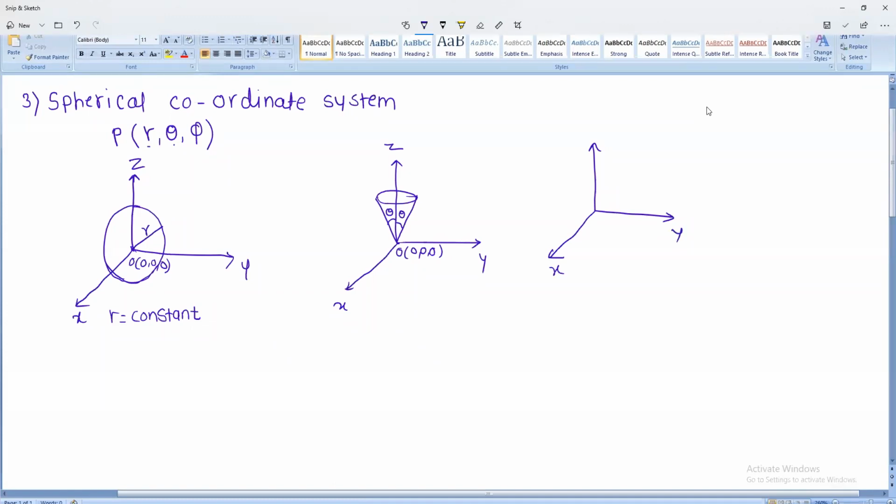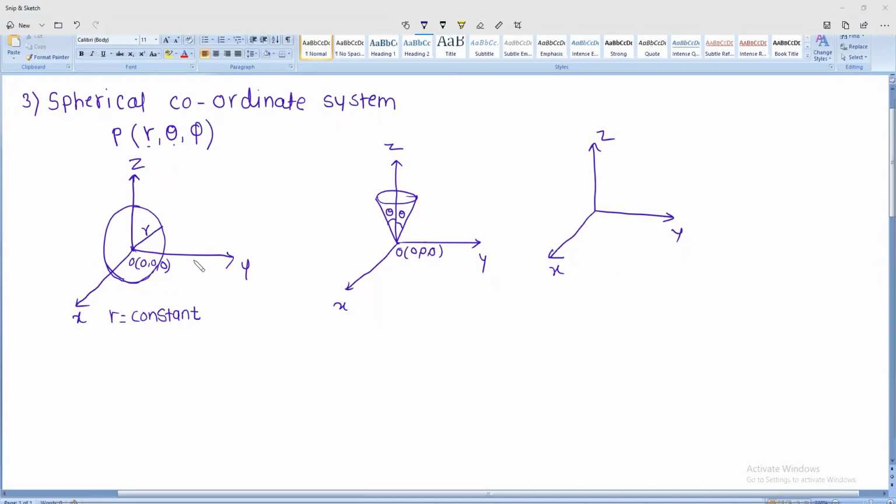x, y, z. Now this phi angle is the same as in the cylindrical coordinate system. In the cylindrical coordinate system, this phi is the angle between the x-axis and the plane of the cylinder.